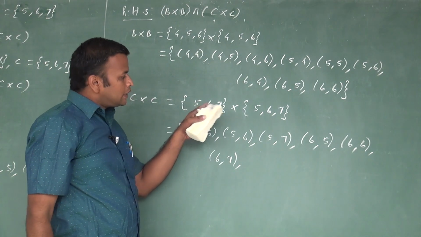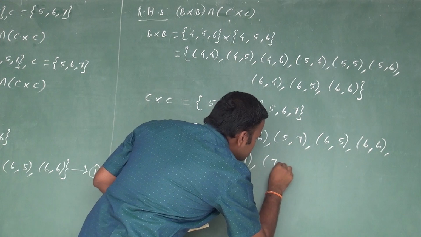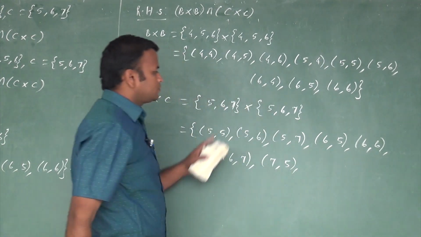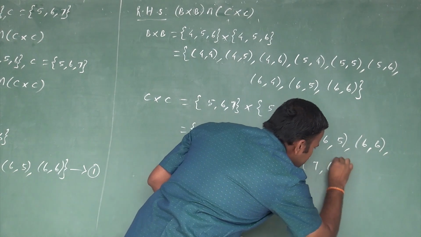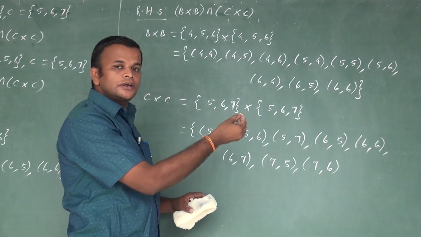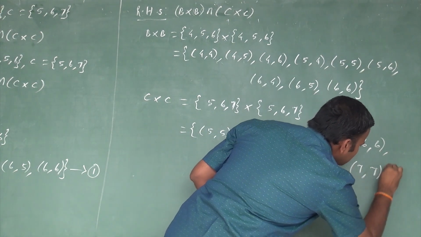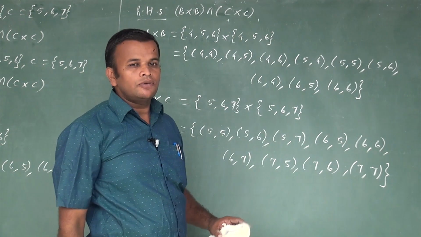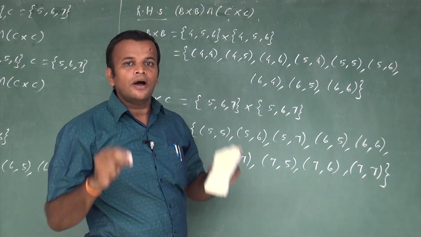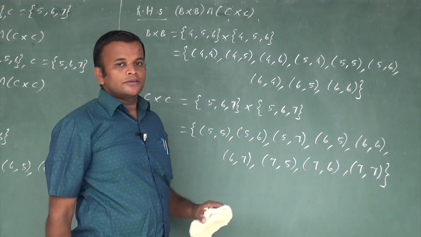Then we move to the next number, which is 7. So 7 comma 5, 7 comma 6, and the last is 7 comma 7. You must not leave out any ordered pair; we must write all possible ordered pairs. So these are the C cross C values.